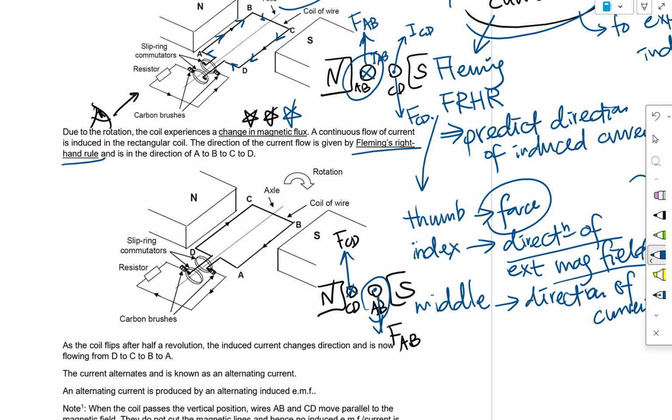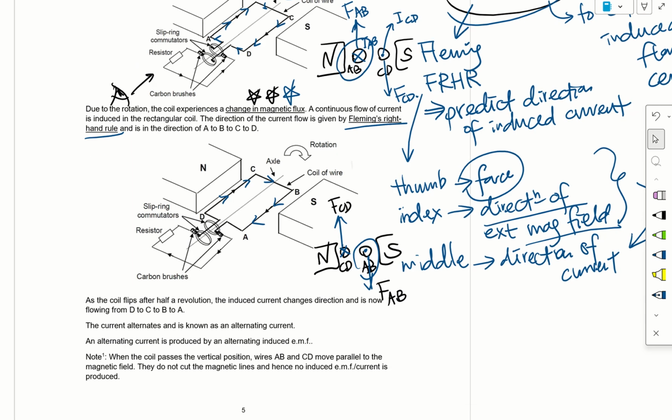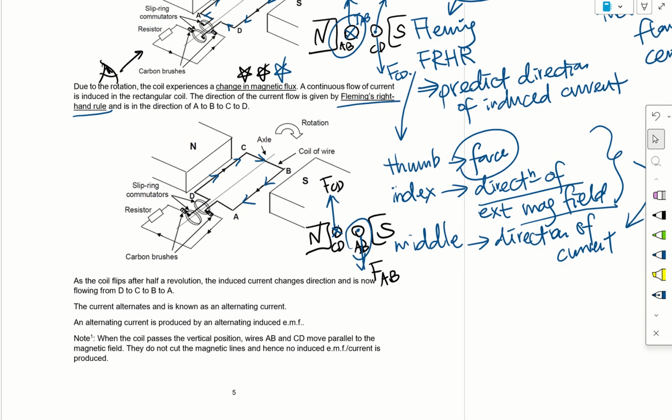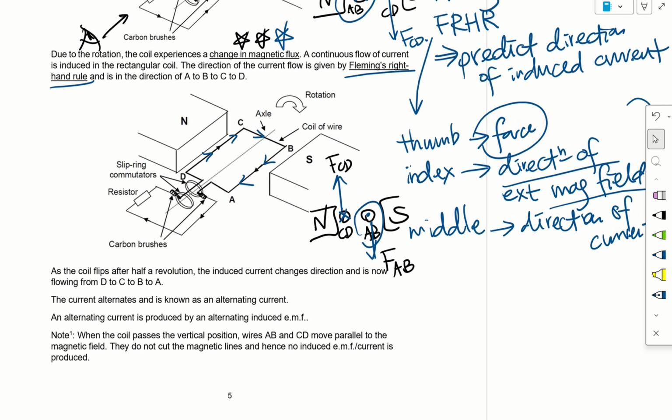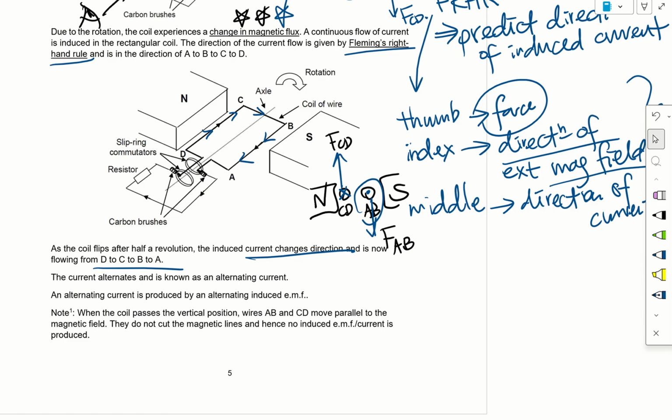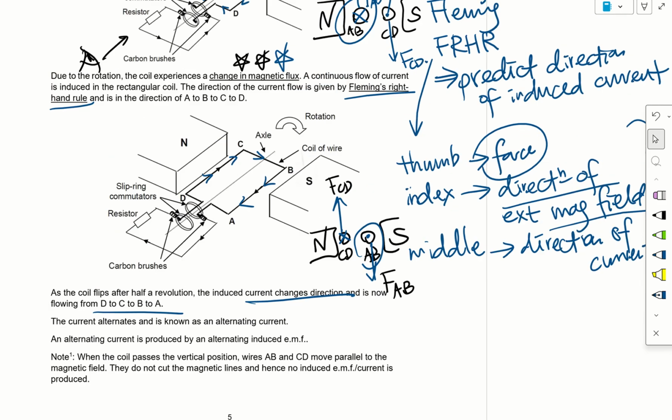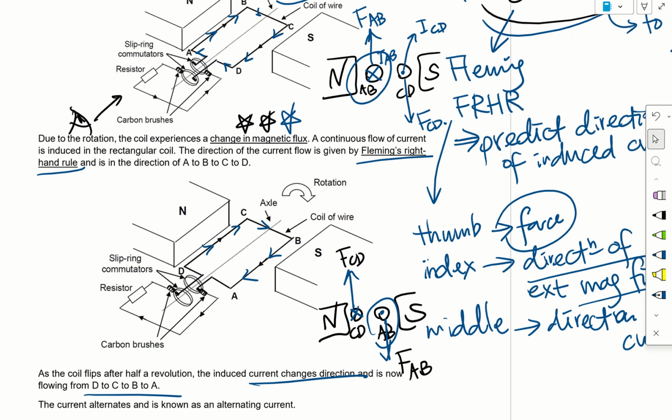But overall the current will still be flowing in the same direction within the coil. So as the coil flips after half a revolution, the induced current changes direction and is now flowing from D to C to B to A. And we will need to look at the resistor this time.